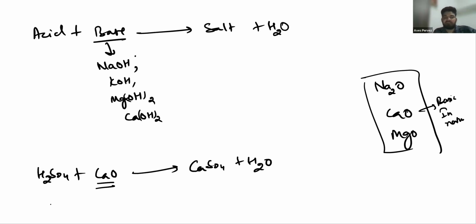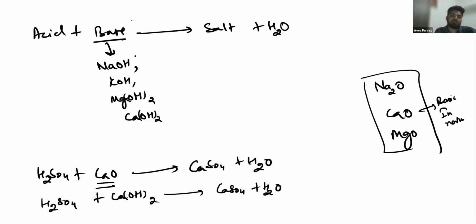And if it is H2SO4 reacting with calcium hydroxide, it will form the same calcium sulfate plus water. So if it is a base or metal oxide, it will give you salt plus water. Got it?